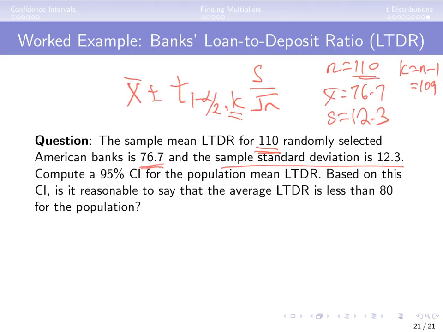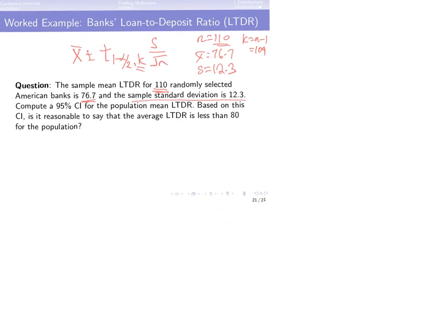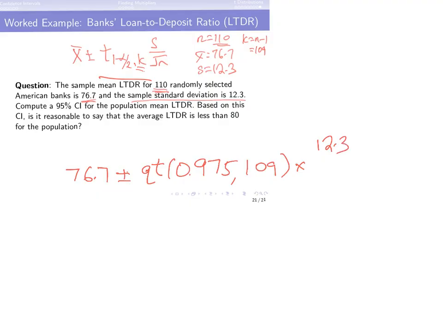So let's compute this confidence interval. We're just plugging in all the values that we have. Sample mean, plus and minus the t multiplier, which you will find by typing qt. If it's 95%, then the percentile is 0.975, comma 109, times s, which is 12.3, over the square root of the sample size.